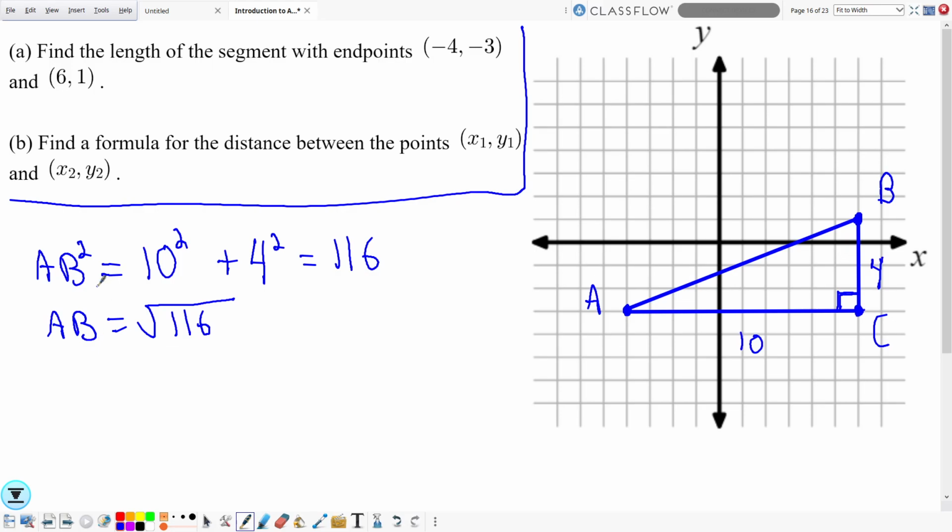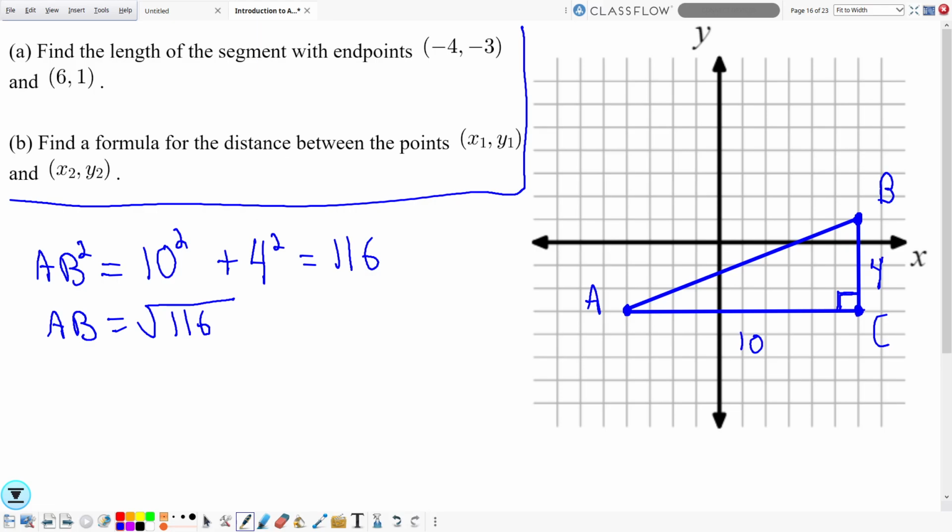Basically, if AB squared is 116, I don't care about AB squared. I want AB. I want that distance. So you would cancel out the AB squared by taking the square root. And if I'm taking the square root of AB squared, I have to take the square root of 116. All right. So, can I simplify the square root of 116?